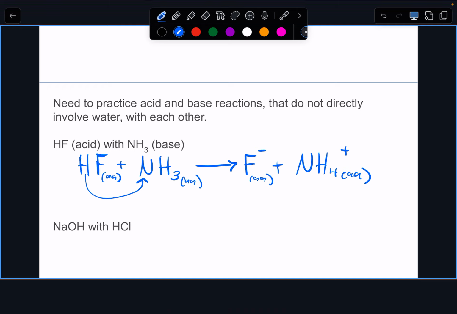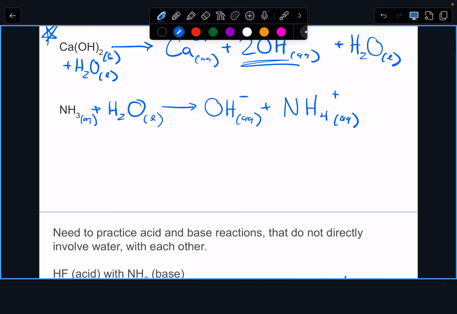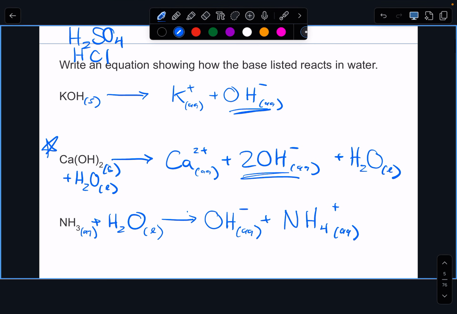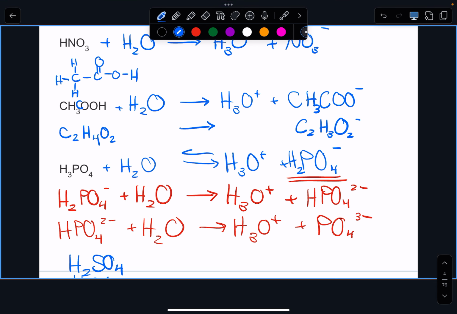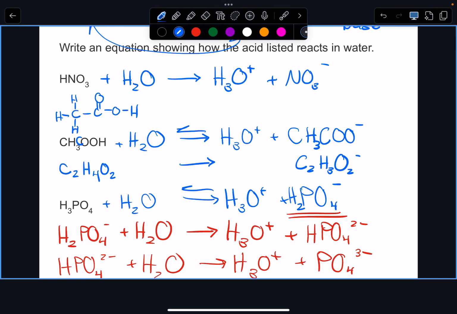So is this one considered to be a strong acid and base since there's not a double-headed arrow? No. And you don't know why yet, but I should put a double arrow there. These ones up here, this should be a double arrow. This should be a double arrow. This should be a double arrow, but this one is not.